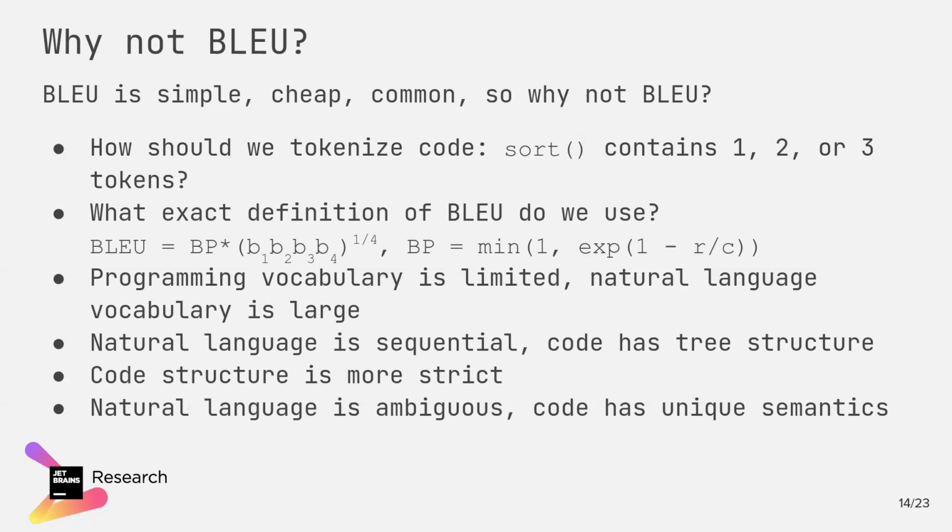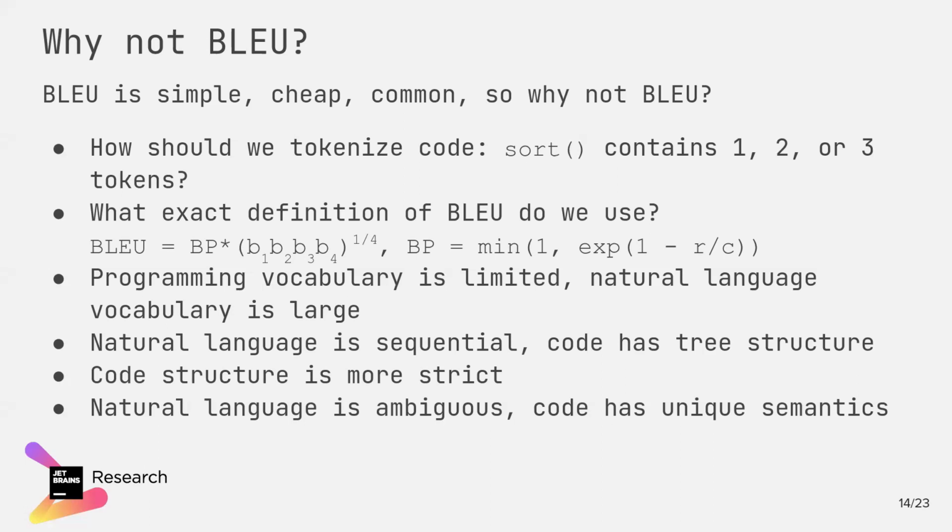Natural language, on the other hand, has a very large vocabulary, with the exception of short technical words like articles and maybe some other simple words, maybe exclamations like ouch.